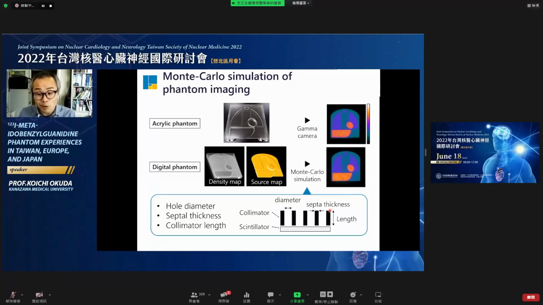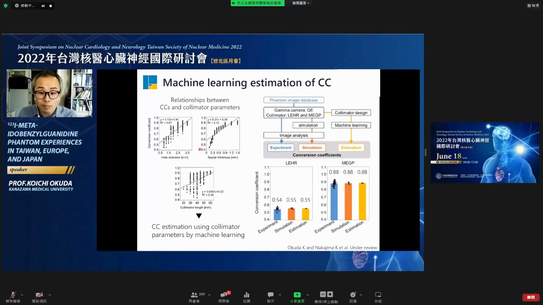Then we can simulate under various collimator conditions. In this study, we evaluated the relationships between simulated conversion coefficients and collimator parameters in Monte Carlo simulation. These scatter plots show the relationships between simulated conversion coefficients and diameter, septal thickness, and collimator length.